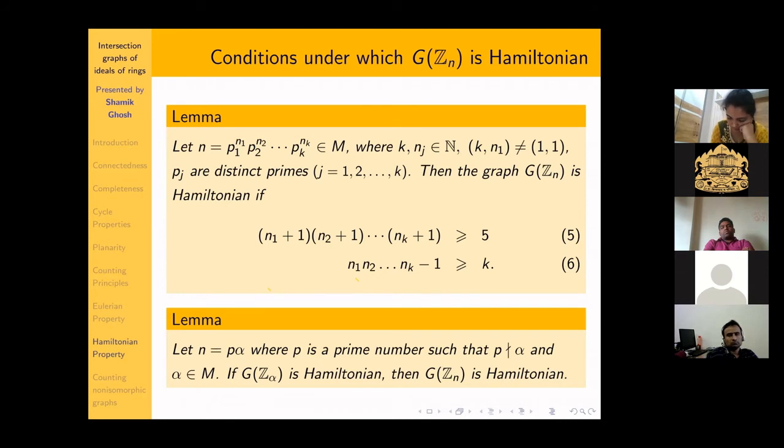Then we proved that if Z alpha is Hamiltonian, and we take a prime multiple of alpha, that can be proved to be Hamiltonian too. That is a very fine and nice result, because it gives an extension, like the R to Rx result I told you about. If the graph of Z alpha is Hamiltonian, then the graph for some prime times alpha, where that prime is not a factor of alpha, is also Hamiltonian.